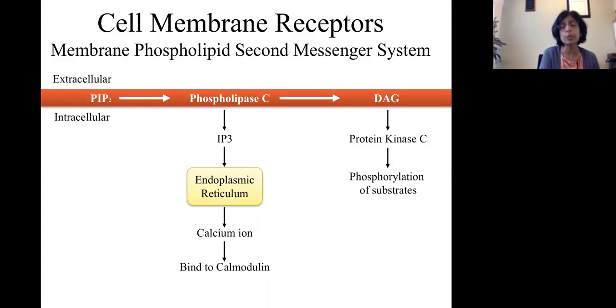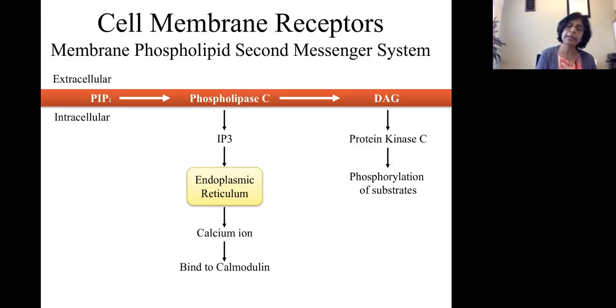Endoplasmic reticulum, smooth endoplasmic reticulum typically stores calcium ion. So that is released, and now calcium ion is the messenger within the cell. It would now bind to calmodulin. Calmodulin is a protein that is activated, and now what happens is it would turn on the muscle contraction mechanism.